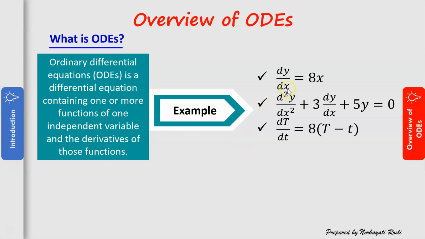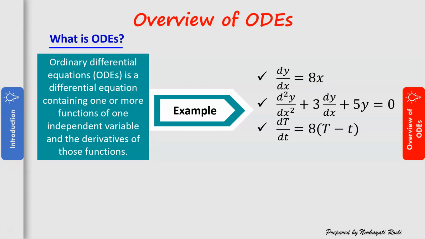For example, here we have dy/dx equal to 8x. When your notation is in terms of dy/dx, we say that this is a derivative of y with respect to x. And this one is a first order ordinary differential equation that we will learn later.